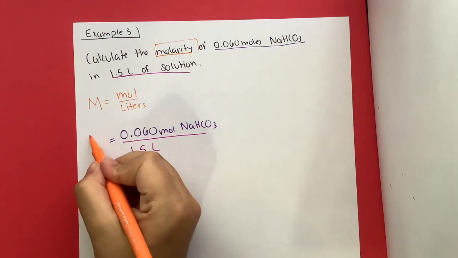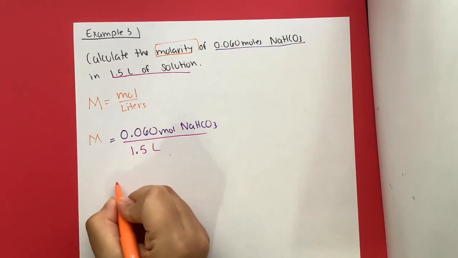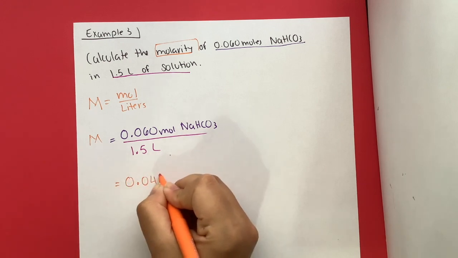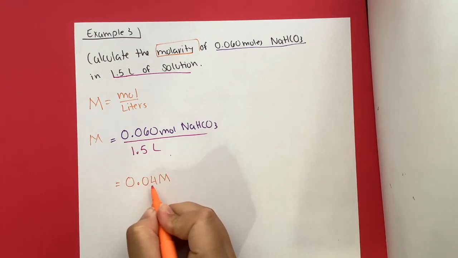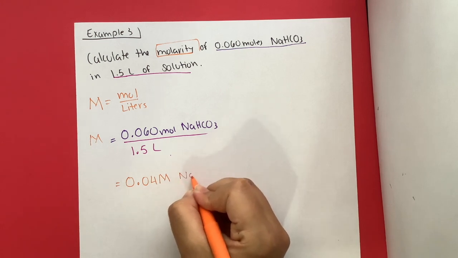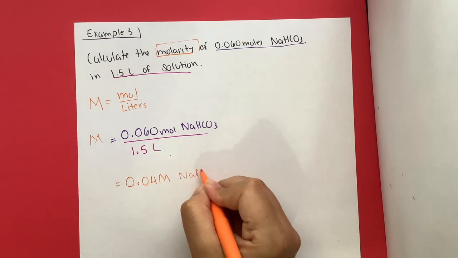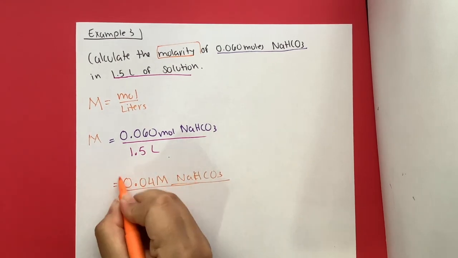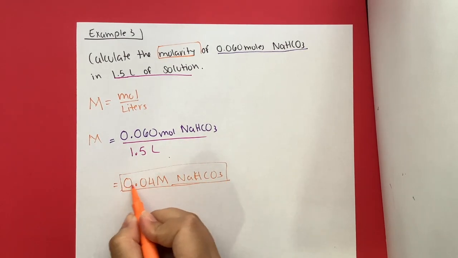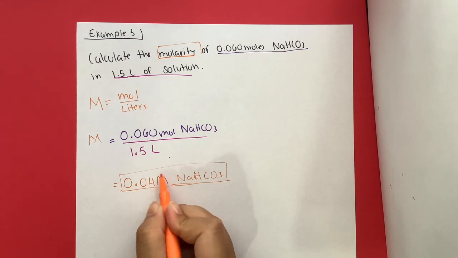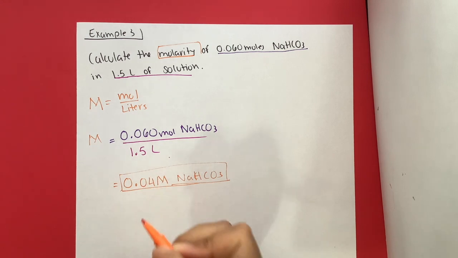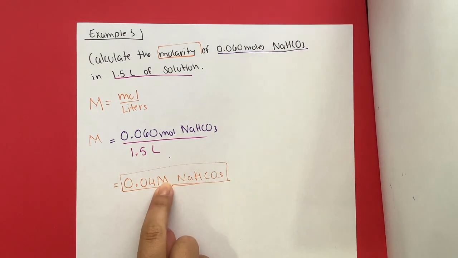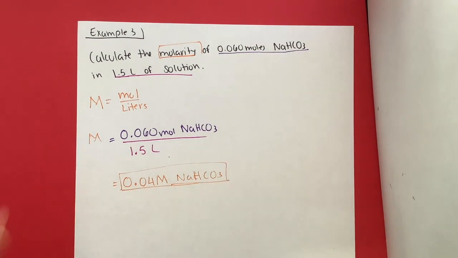I'm going to divide these two numbers to get 0.04 big M, so 0.04 molar NaHCO3. Okay, when you're reading this, you're going to say 0.04 molar. The molarity, you're going to read it as molar NaHCO3. And that's it. It's pretty easy.